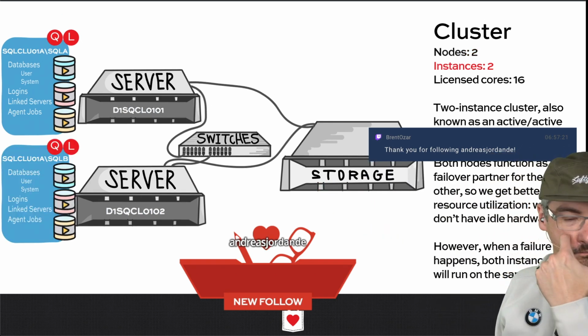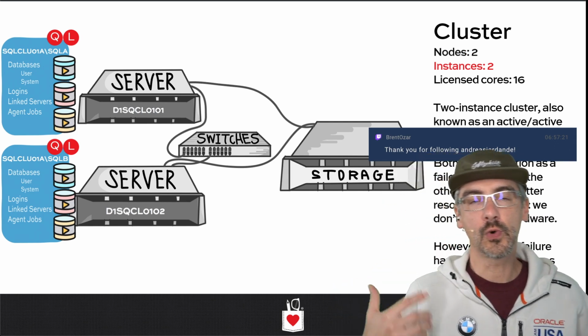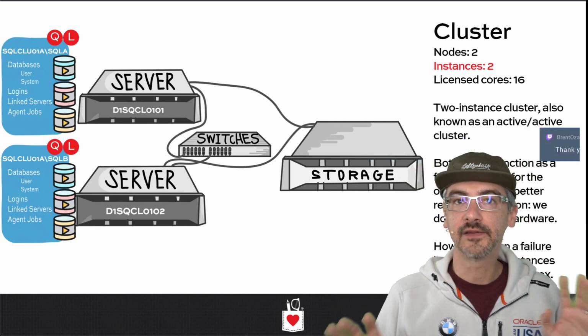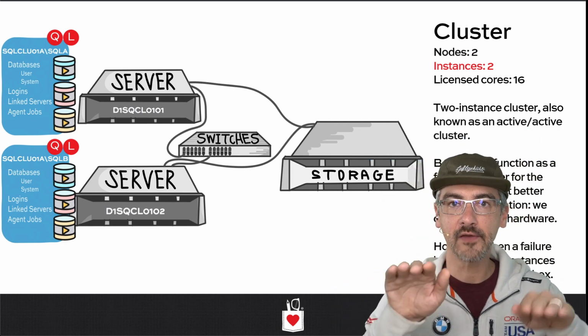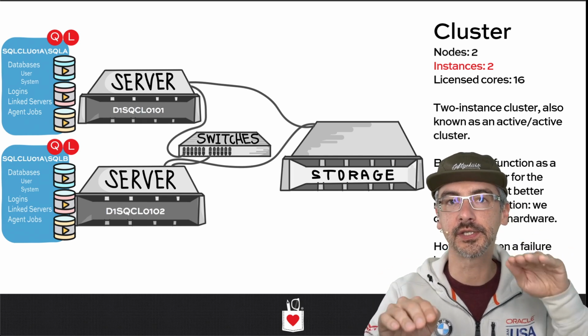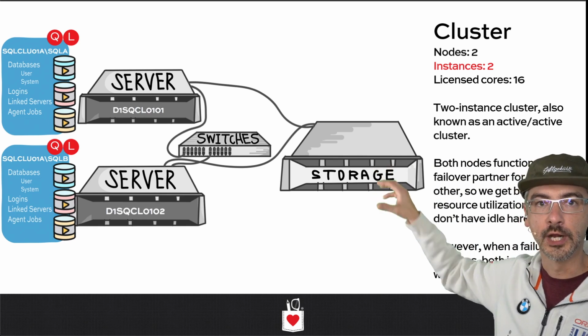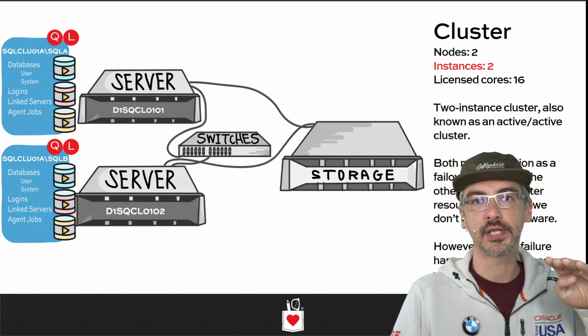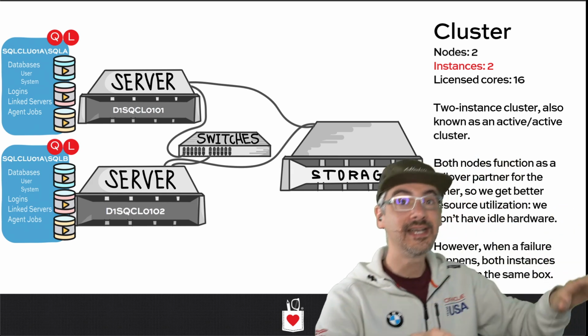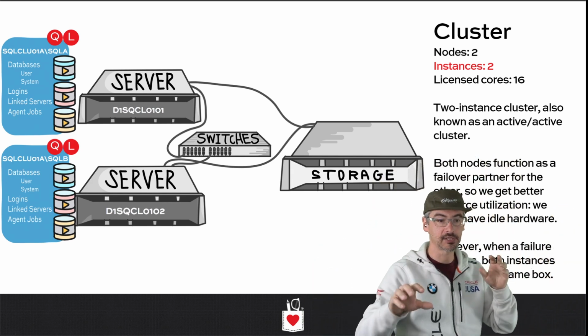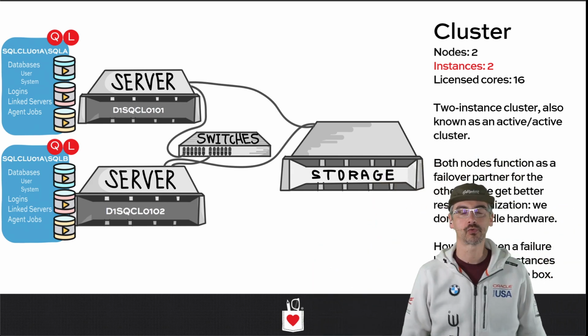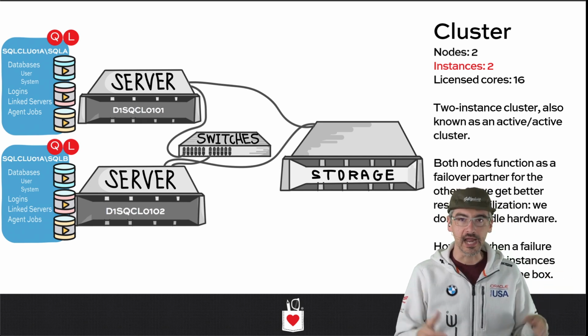Now, this is what your grandmother would have called an active-active cluster. Here we have two separate SQL Server instances. They're all sharing their data on shared storage. Both of these two nodes can be active for different databases at the same time. Maybe the top one is running our accounting databases, Dynamics, whatever.